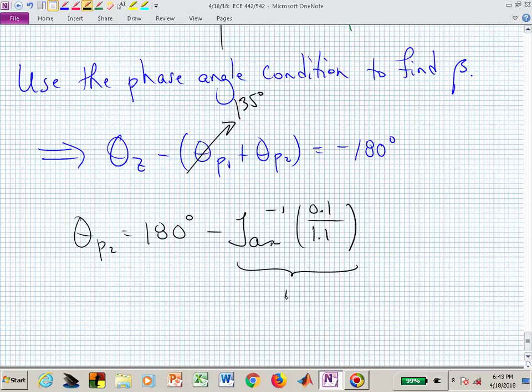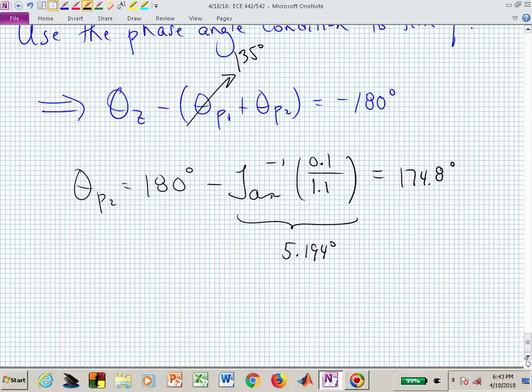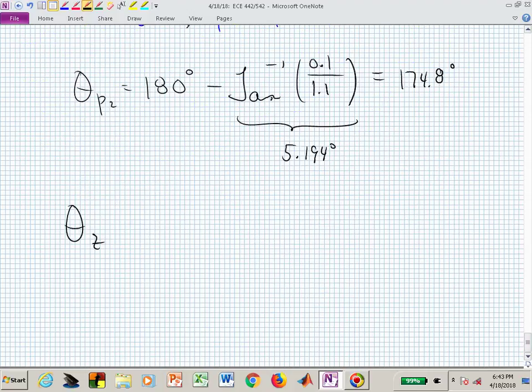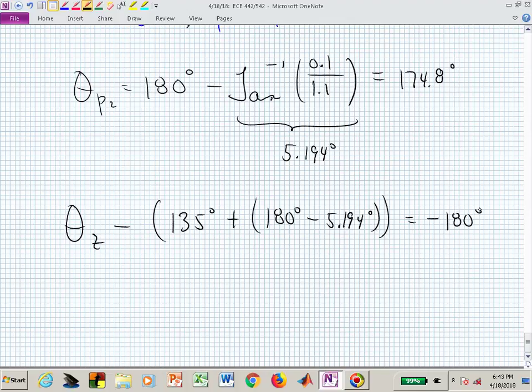This is not a very big angle. It's 5.194 degrees, so that theta p sub 2 is 174.8. We now know that we have theta sub z minus 135 degrees plus, let's say, 180 minus 5.194. The reason I did that is because I have a minus 180 degrees over here, and that minus 180 cancels that minus 180.